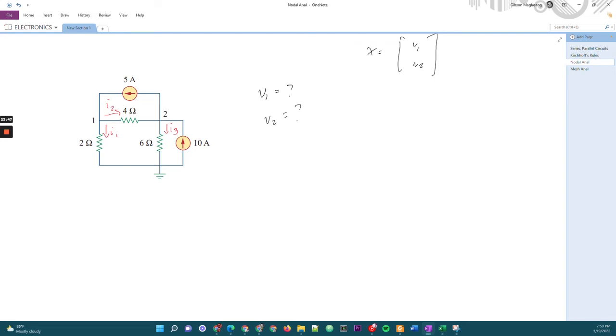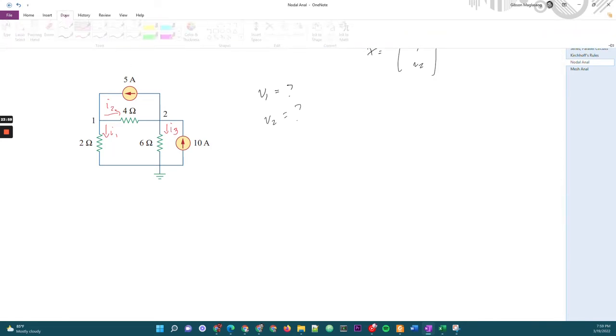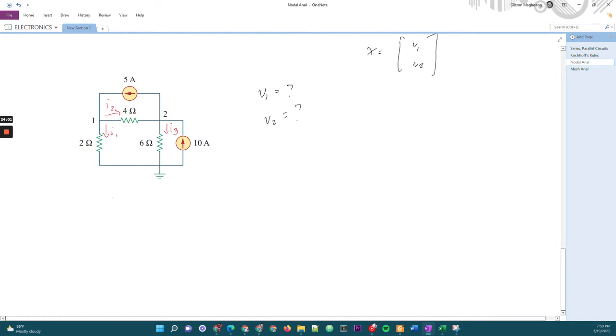Next is, the steps to solve this problem using Nodal Analysis is to apply KCL at node 1. So, apply KCL at nodes 1 and 2.